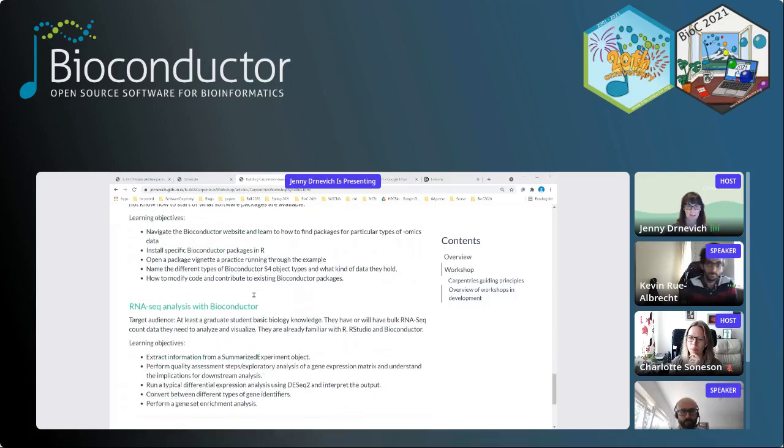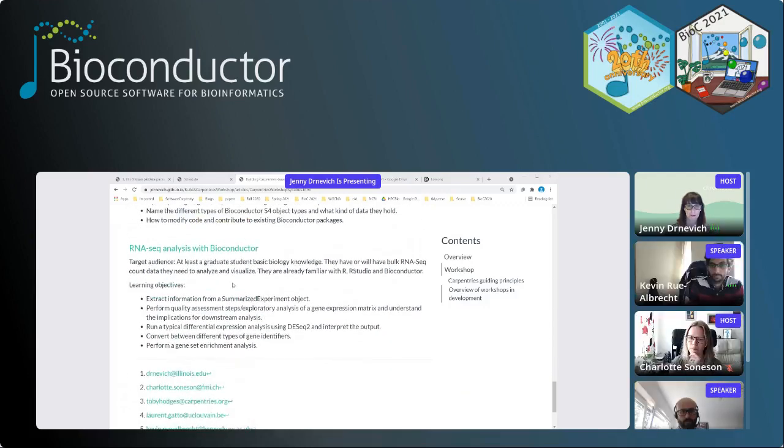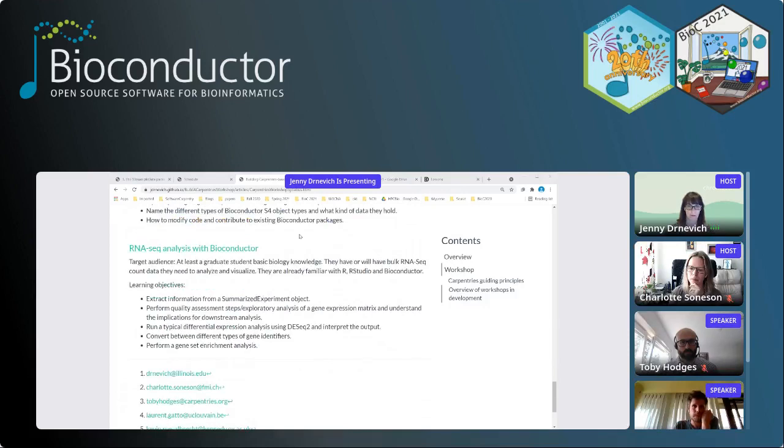Okay. And then the last one, and this is not an introductory lesson, this is more of a second level intermediate lesson that Charlotte's going to talk about. Yes, so the RNA-seq lesson assumes that the learners have followed something like the introduction to R or the introduction to data analysis with R that Laurent mentioned. We hope to cover conceptual knowledge underlying RNA-seq data analysis rather than just providing a workflow.